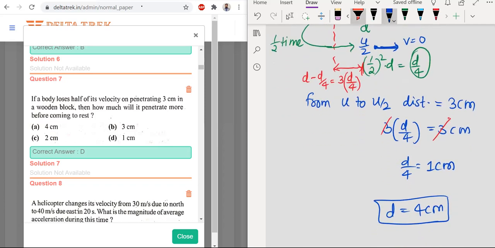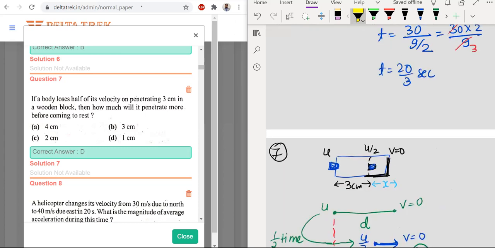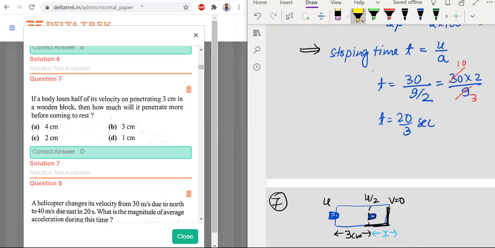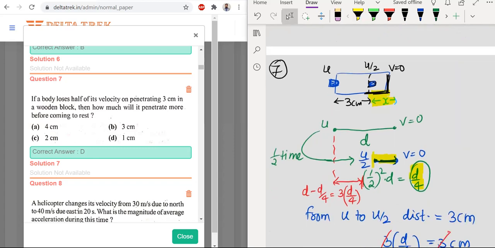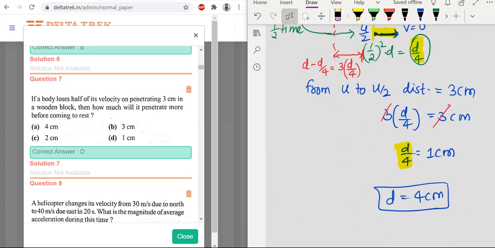But the question has asked for the extra penetration. That extra penetration in the question is this d by 4, which I represented here. This d by 4 is our extra penetration, our further penetration.